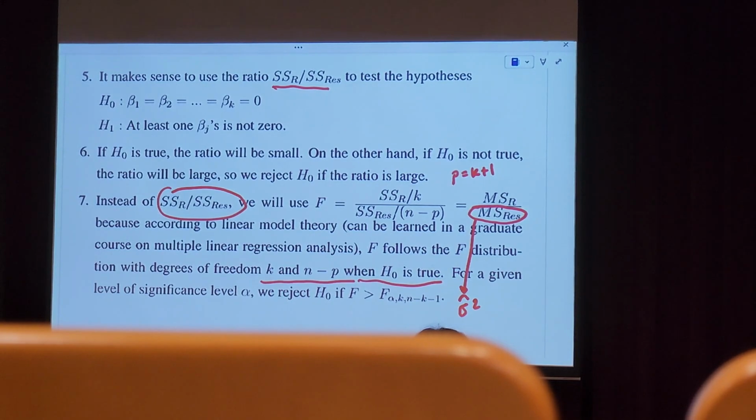This F statistic follows the F distribution, and so you can reject the null hypothesis. Suppose this is F, then this quantity here is alpha. So this quantity is the F percentile. So we reject it if this F is too large, all right?